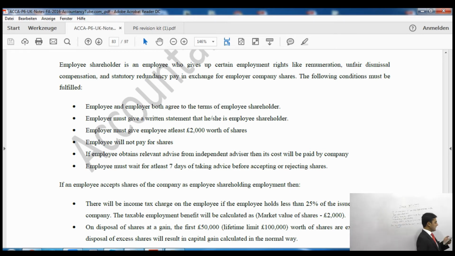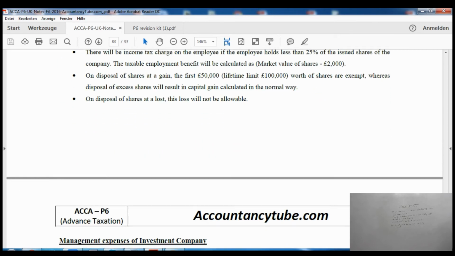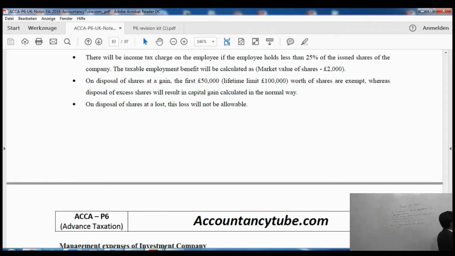If an employee accepts shares of the company as an employee shareholder employment, then there will be an income tax charge on the employee if the employee holds less than 25% of the issued share capital. So if the employee holds less than 25% shares, then there will be an income tax charge. However, how will we calculate the income tax charge? Up to £2,000, there is nothing more than that.